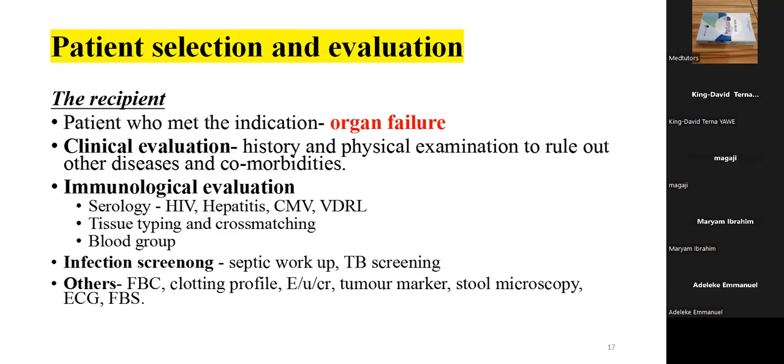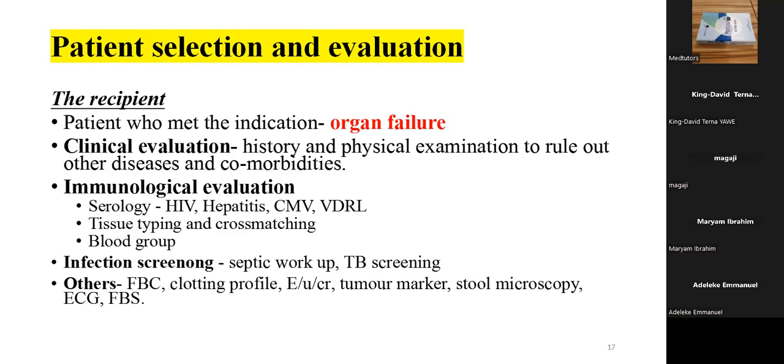For other infections such as hepatitis, the presence of active hepatitis is a contraindication to transplantation. However, for those with chronic carriage or chronic inactive hepatitis, it is not a contraindication. The patient can be placed on antiretrovirals.